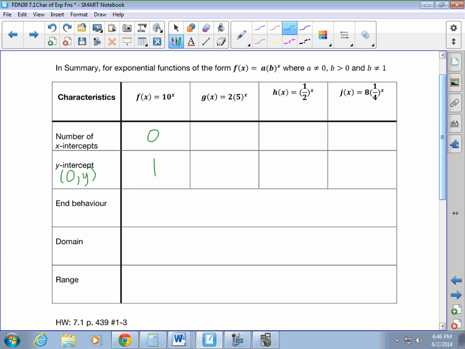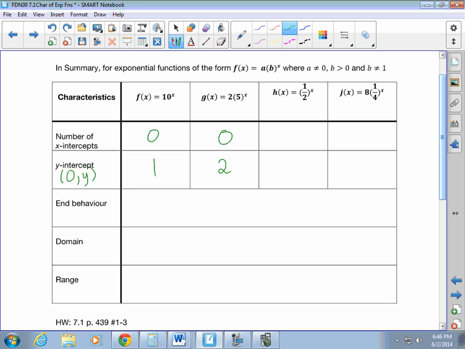For 2 times 5 to the power of x, again, it never crossed the x-axis. The y-intercept was when you substitute the 0 in there. If x is a 0, it would be 5 to the power of 0, which is 1. So 2 times 1 is 2.